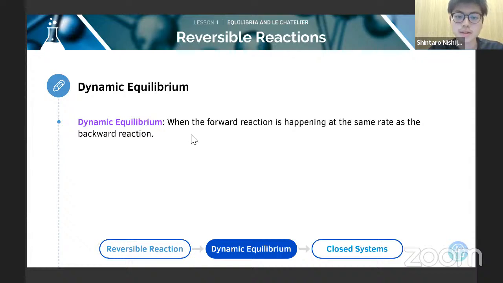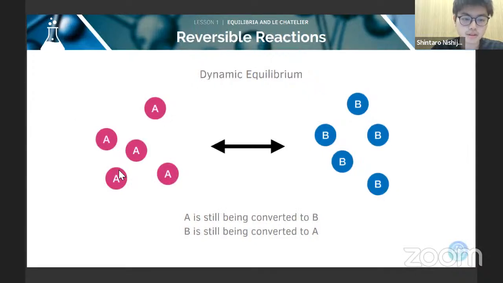So basically what's happening is that you have the forward reaction going from left to right, occurring at the same rate and at the same time as the backward reaction. Here is a really simplified diagram of a dynamic equilibrium. On the left, we've got A, which is the reactant. This reacts to give the product, which is B on the right side.